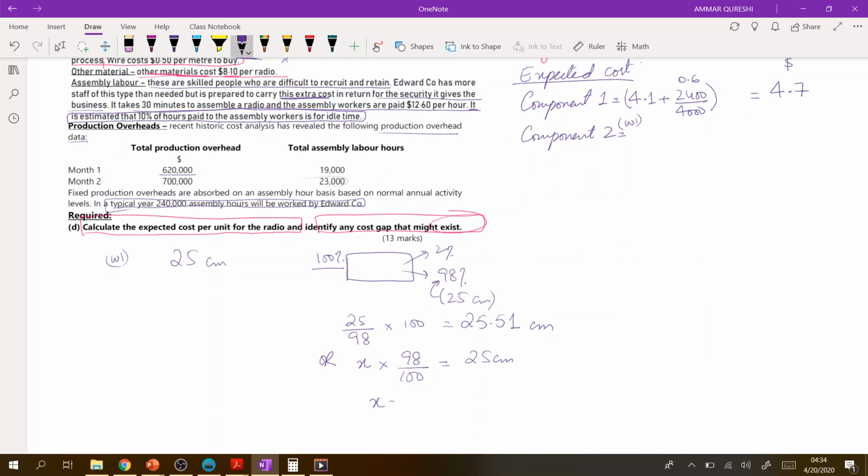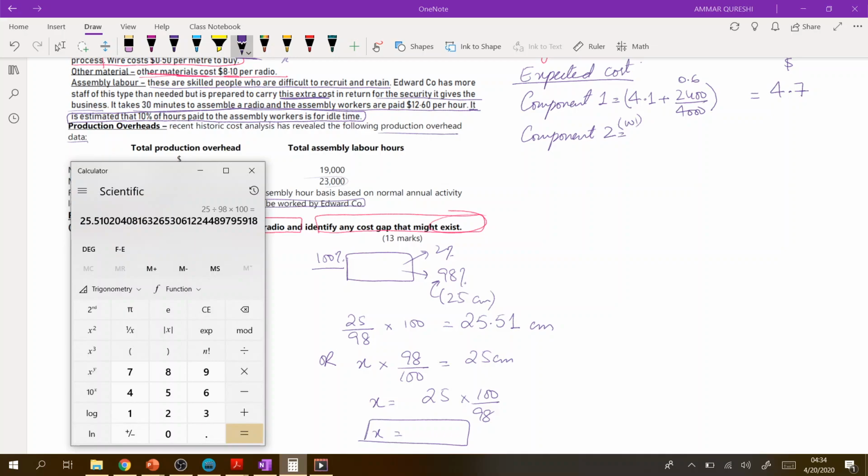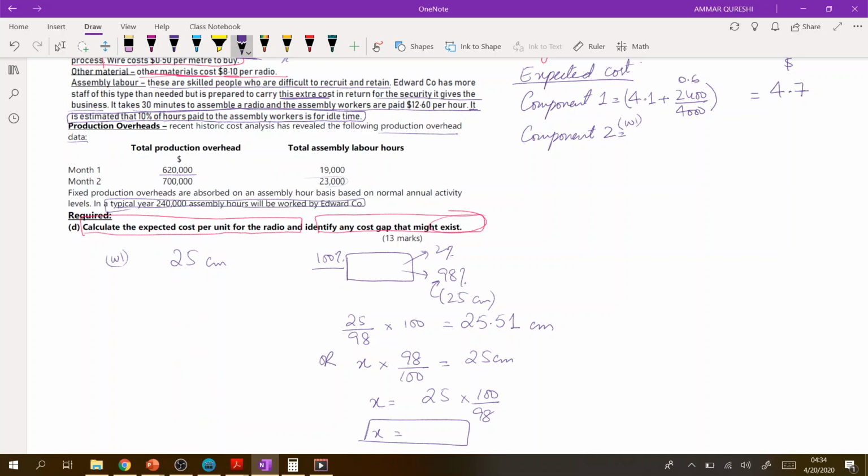So what will be the value of x? x equals 25 multiplied by 100 over 98, that is still 25.51. In case your answer is different, definitely you need to check your answer, because both options will give you the same answer. So 25 centimeters is not required.